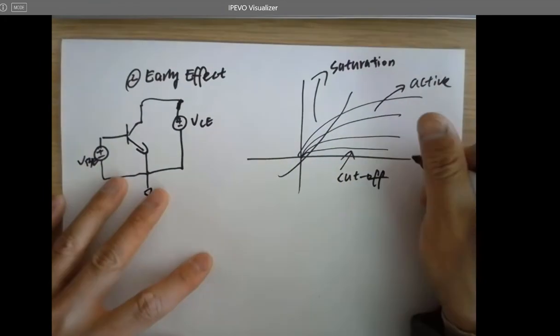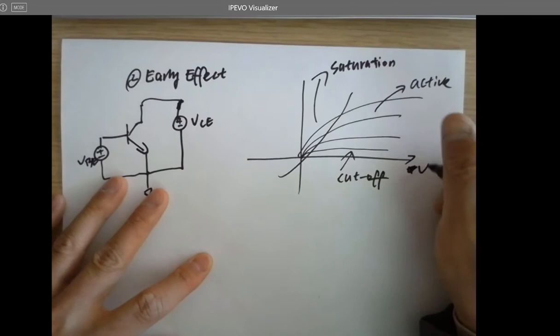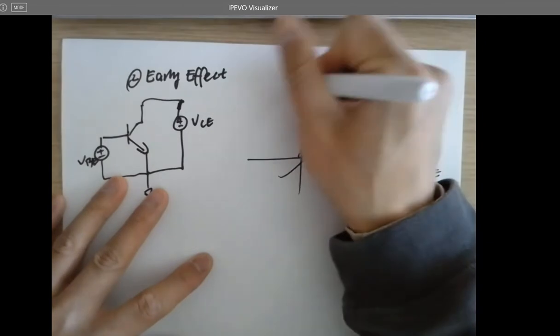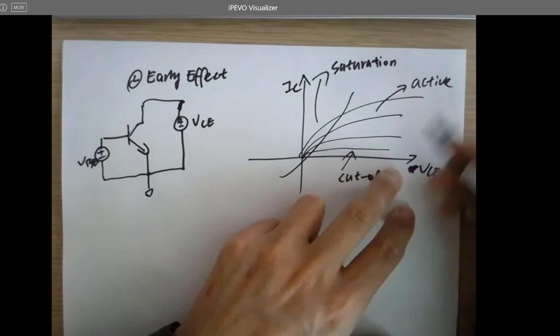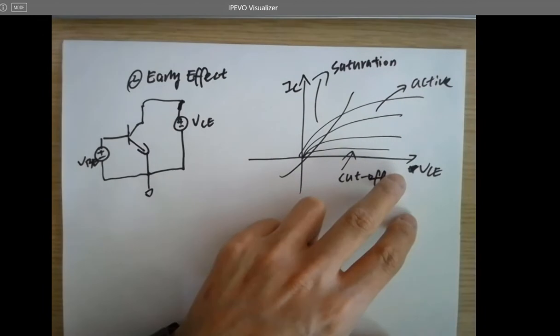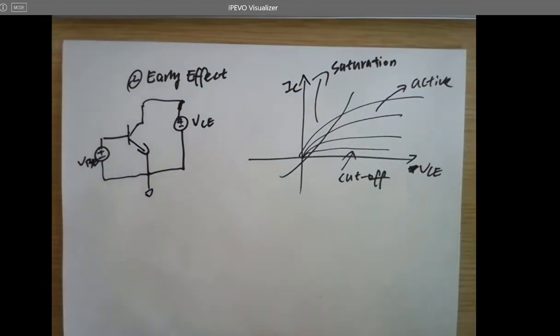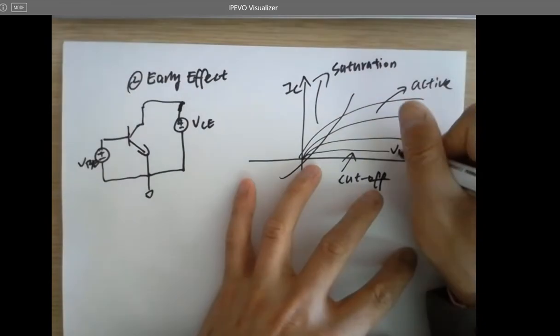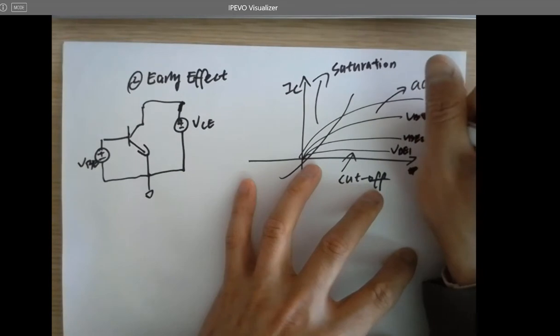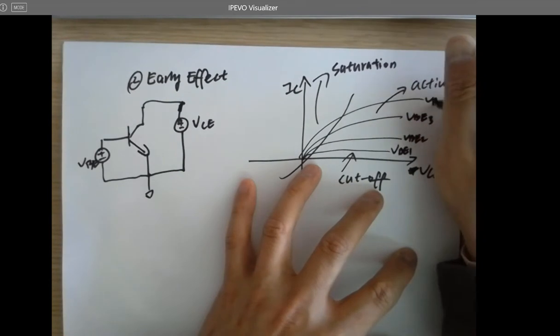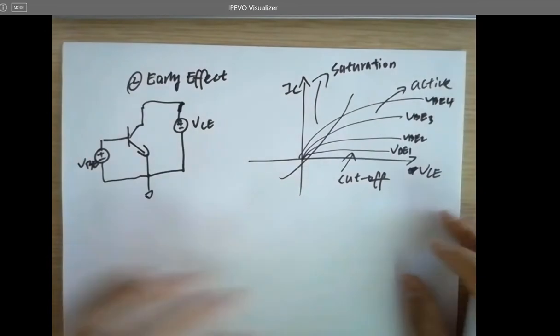So this is VCE, this is IC. All these ones are different what? Different VBEs, right? VBE1, VBE2, VBE3, VBE4.